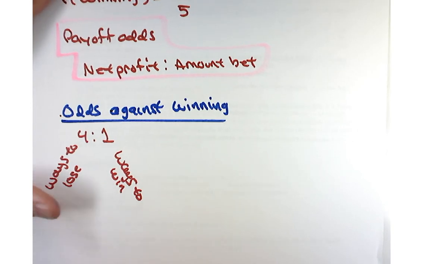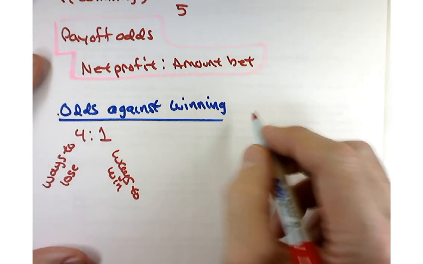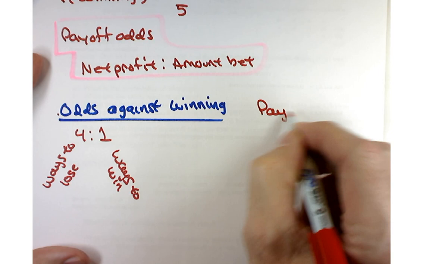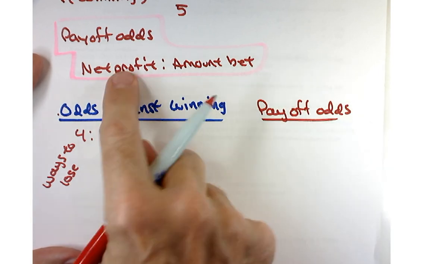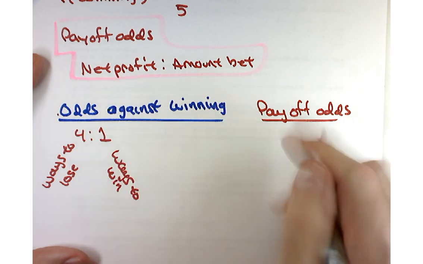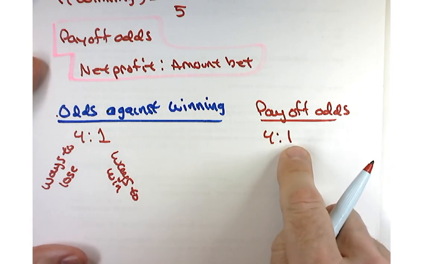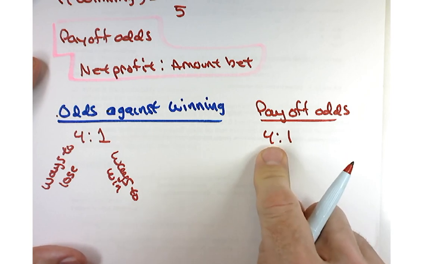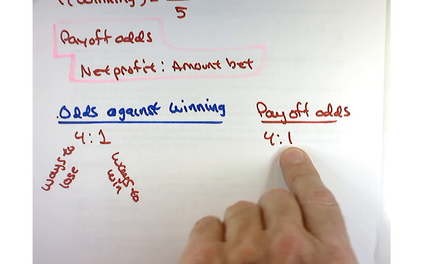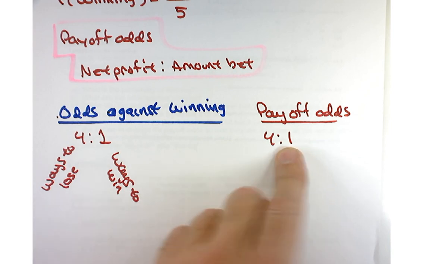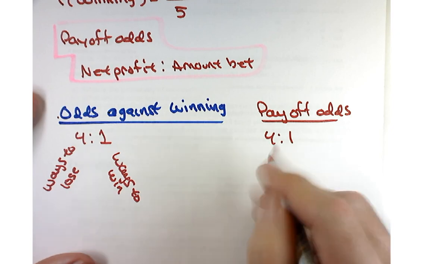Now, we're going to make those our payoff odds. So our payoff odds are 4 to 1. This is the amount you bet. That's the amount you profit. But we're not making a $1 bet. We're making a $10 bet. So let's see if we can modify this a little bit.